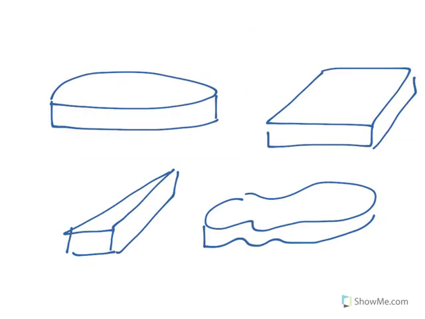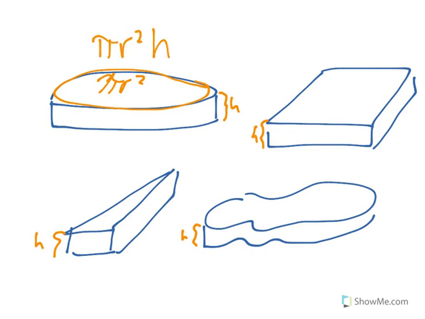Before we talk about how to solve these problems, let's quickly take a look at some general solids, things we could find the volume for. The volume always has a height, and the volume of something is always equal to the face of it, the top part, times its height. So if this is a circle, it's pi r squared, and the volume of this thing is pi r squared h.